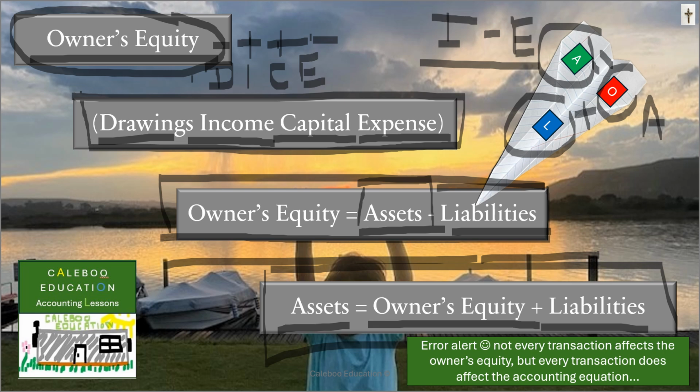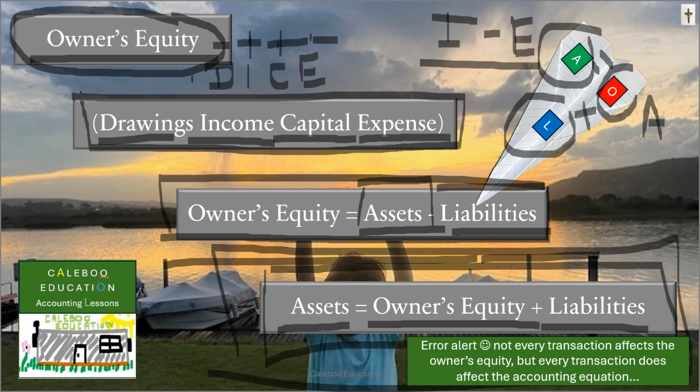And that is the format of a statement of financial position, which we have just looked at. And that is the accounting equation. Assets equals owner's equity plus liabilities.